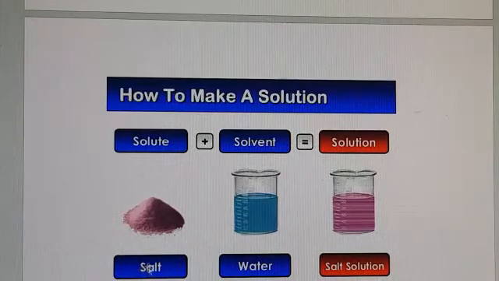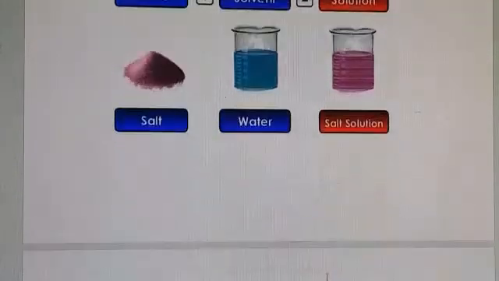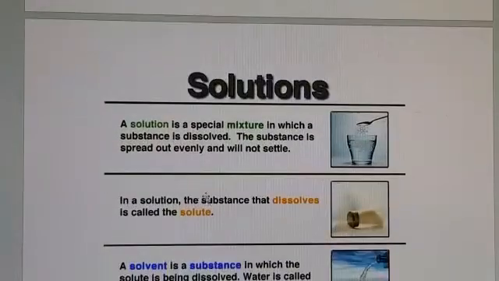Add either salt or sugar into the water. The solution which you are going to get is a salt solution or a sugar solution. Hope you are clear with the solution now. For your review, it's a special mixture in which a substance is dissolved. The substance is spread out evenly and will not settle.